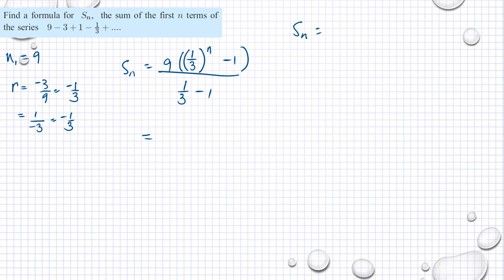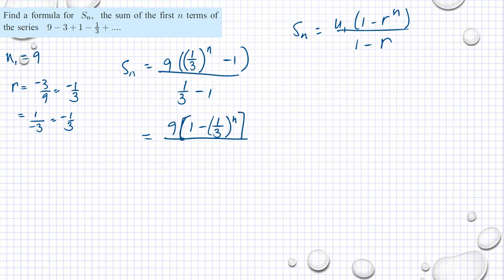S sub n is equal to u sub 1 multiplied by 1 minus r raised to n divided by 1 minus r. That is what I'm going to use now. So we have 9 multiplied by 1 minus negative 1/3 raised to n, and then we have 1 minus negative 1/3.